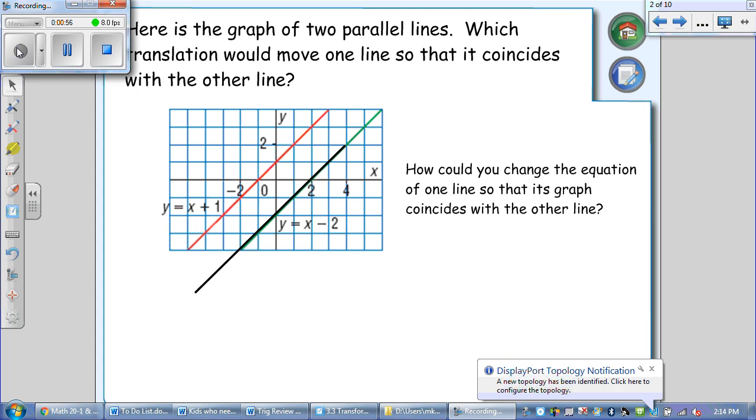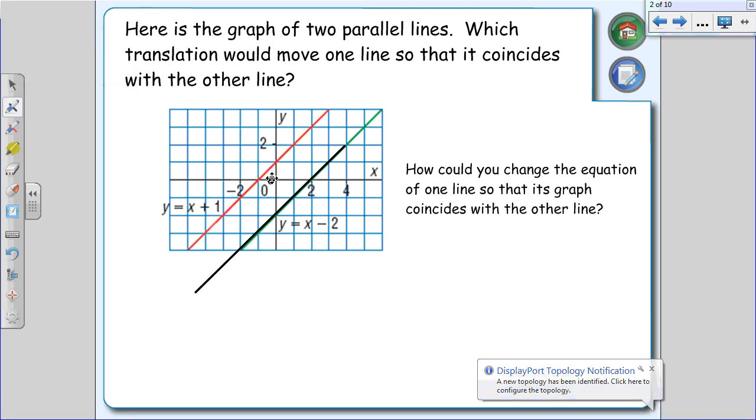So that's one answer: if you look at this, you can see that it's actually just moved down 3 units. If you pick any spot, you pick right here, which is way off. If you pick a spot right there, 1, 2, 3, it's moved 3 spots down. And if you pick any spot on that first line, you can do that. 1, 2, 3 down. That's one answer.